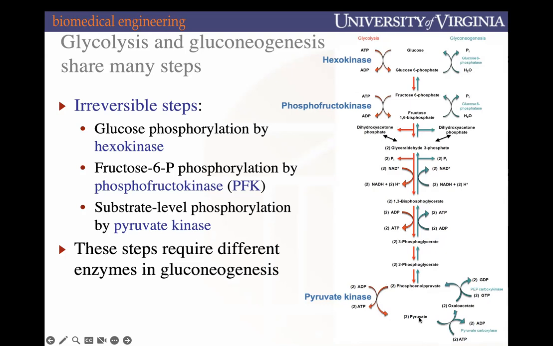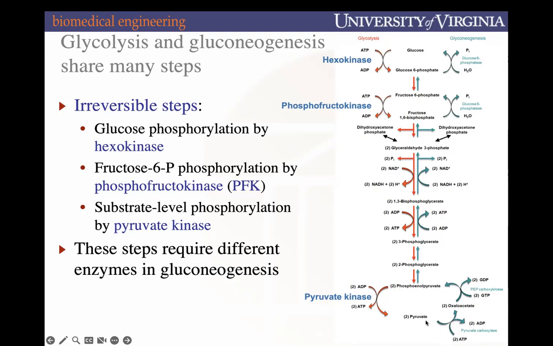You can appreciate on the left that there are other mechanisms by which, via gluconeogenesis, we can go back up this pathway, leveraging other enzymes or processes that produce those metabolites. One example: to go from pyruvate back to phosphoenolpyruvate, we don't simply go back up the pyruvate kinase pathway.